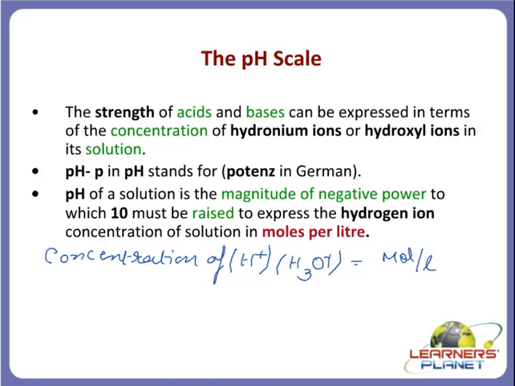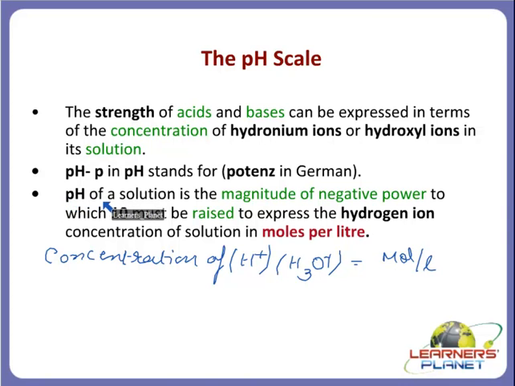Now, pH. The P in pH stands for potenz. What is this potenz? Potenz is potential in German, or the strength. So P is for potenz, that is in German.